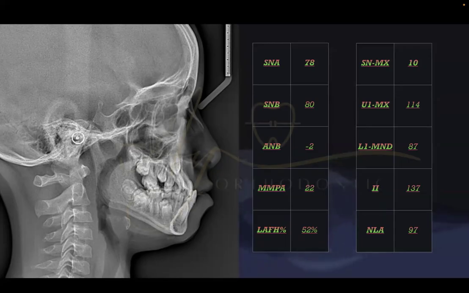And once the skeletal discrepancy is corrected, the second phase of the orthodontic treatment with the MBT prescription, 022 or 028 slot, fixed appliance therapy should be done to correct the dental malocclusion.